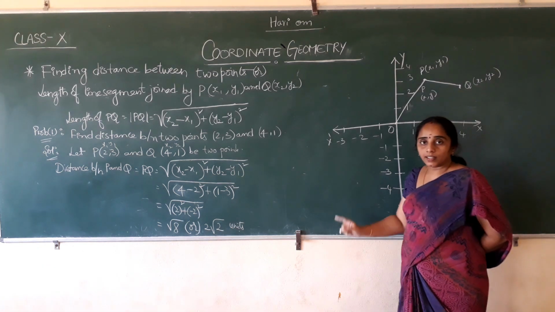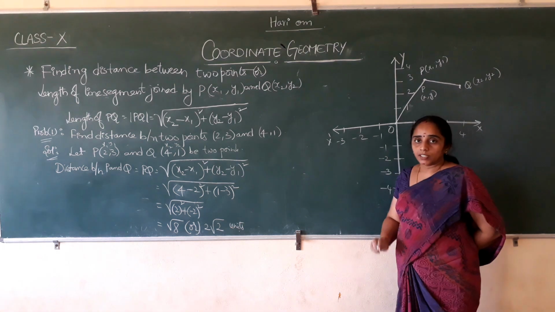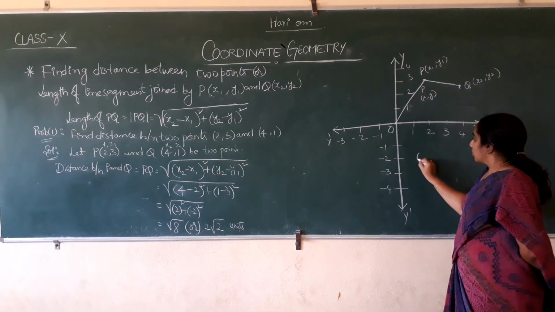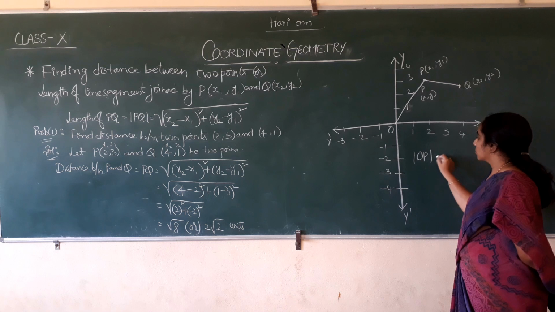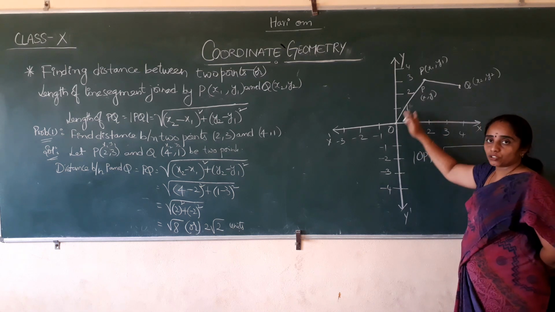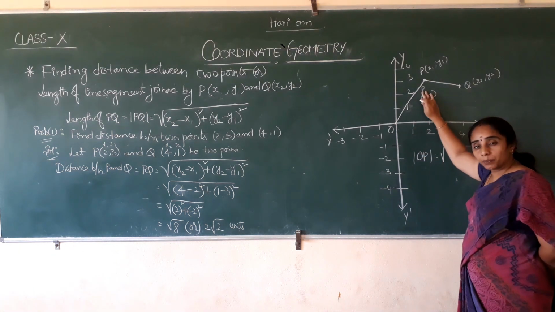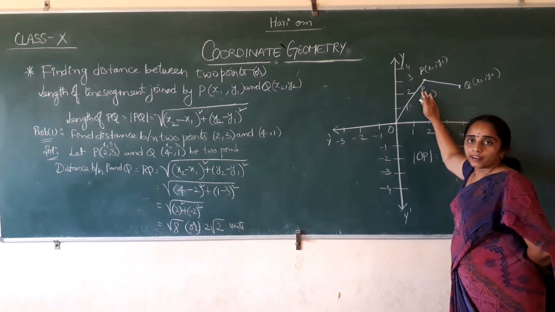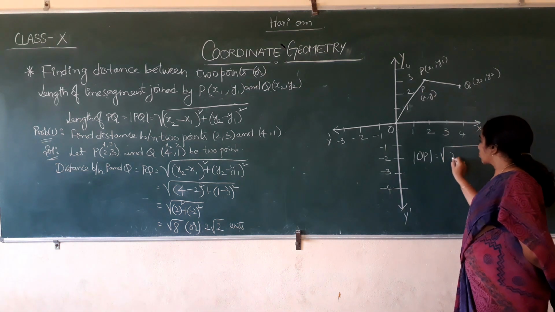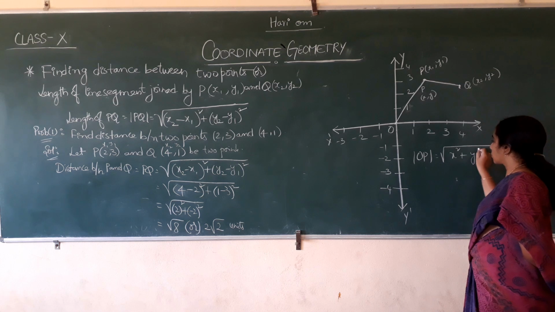Then the length OP, the distance between the origin and any point on the plane, is the square root of x square plus y square.